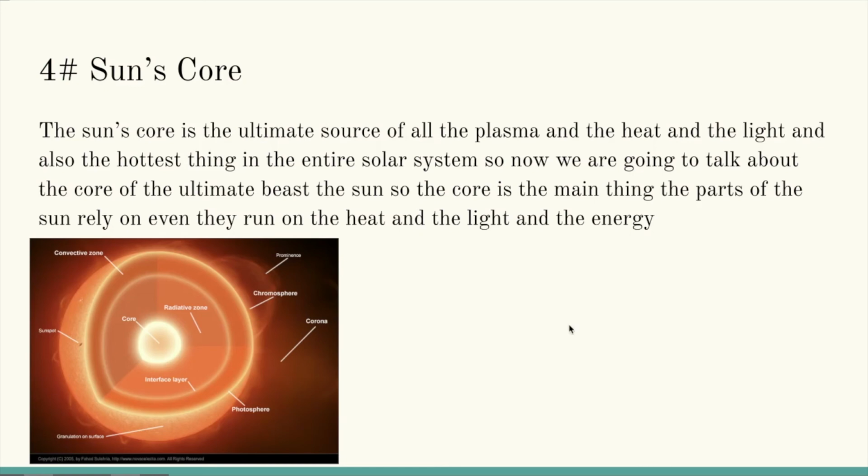Now we're going to talk about the core of the ultimate beast, the sun. The core is the main thing that the parts of the sun rely on for heat, light, and energy. So this is going to be a big part we're going to talk about.